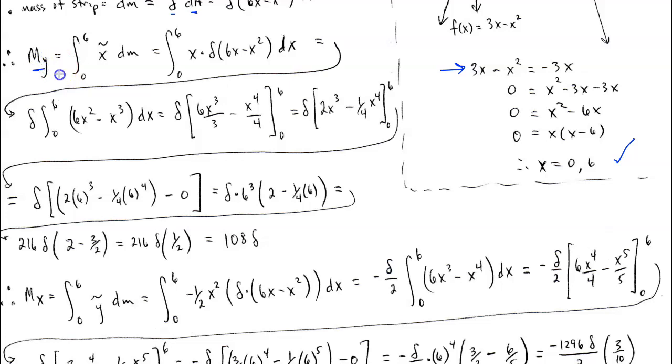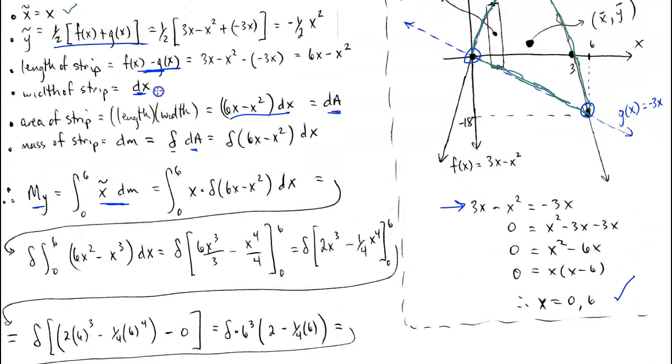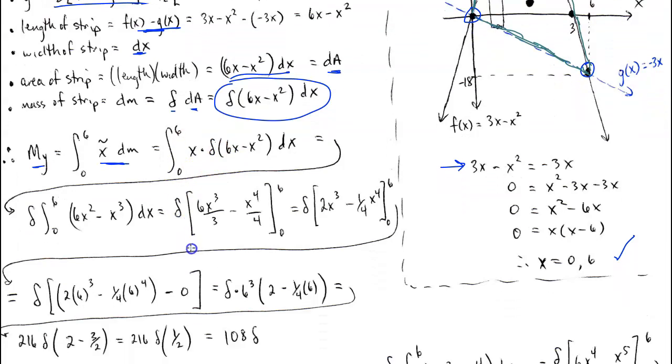So for the moment about the y-axis, we have x tilde dm. If you remember, x tilde is just x, and dm is all of this. So we just put that together. And then from there, we factor out this constant, which is our density, and we just take the antiderivative of what's left.